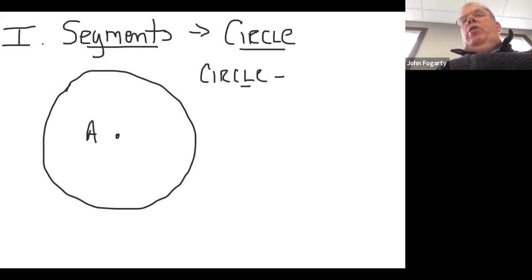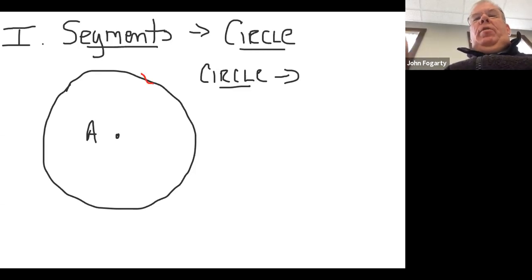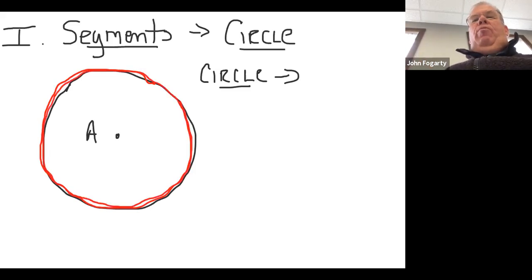The definition of a circle is all the points in a plane the same distance from a given point called the center. So the circle is this part itself. This is actually the circle. And every point on that red circle is exactly the same distance from point A. Does that make sense? I think you all knew that, right?